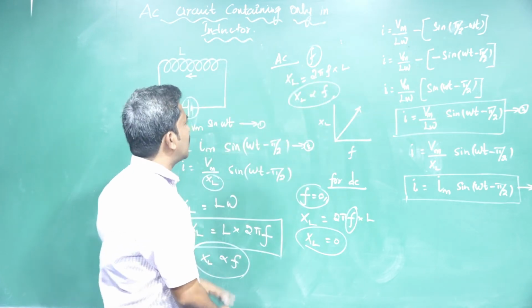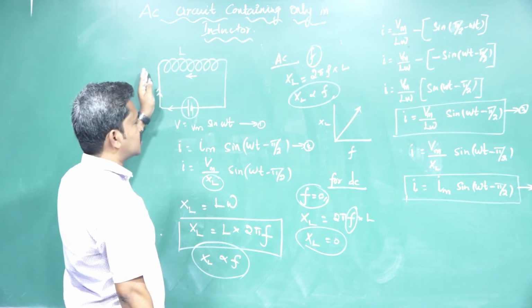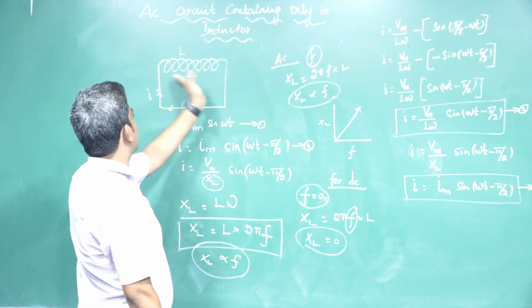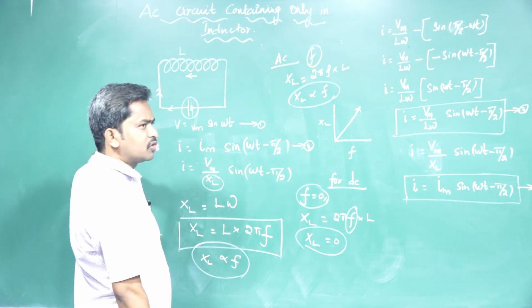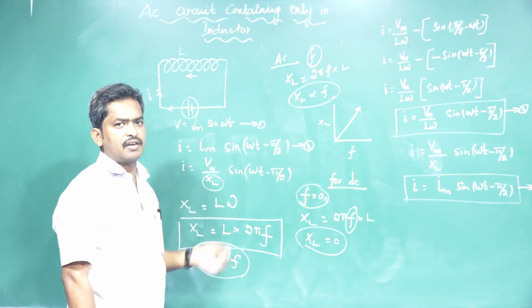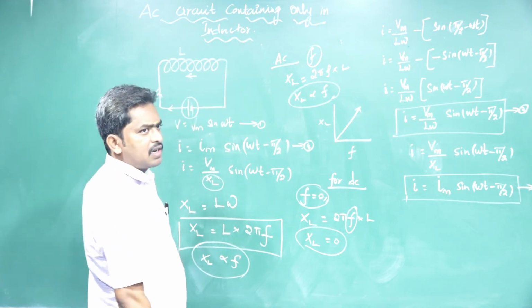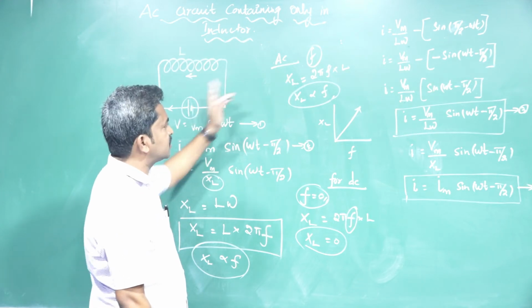In an AC source the flux is changed, so EMF is induced in the coil. The induced EMF acts against the applied voltage. The induced EMF is directly proportional to the rate of change of current. So the induced EMF opposes the source current according to Lenz's law in an AC circuit.